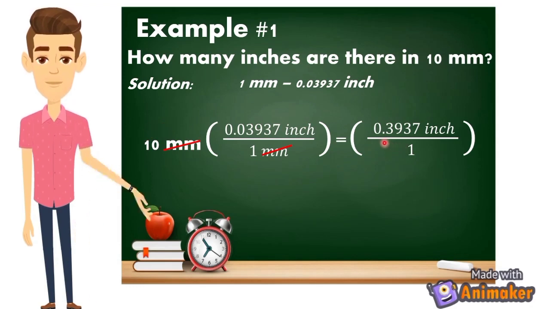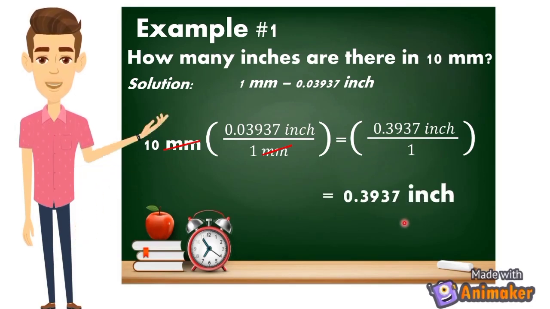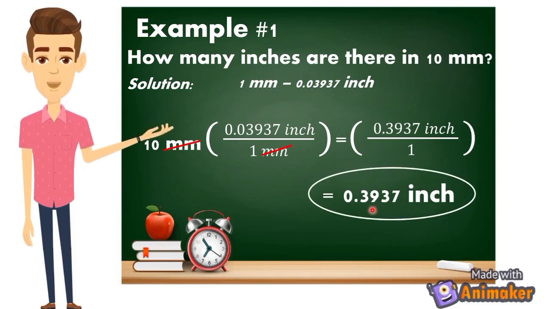Okay? So, pag dinivide po natin yan, 0.3937 inch divided by 1, the answer is 0.3937 inch. So, again, so there are 0.3937 inch in 10 millimeter.